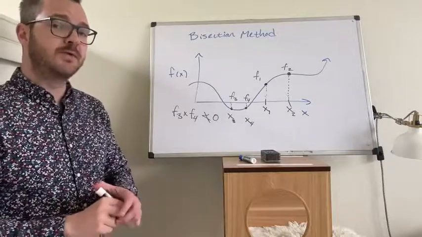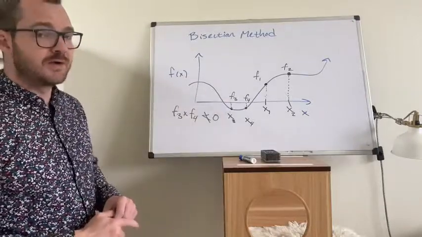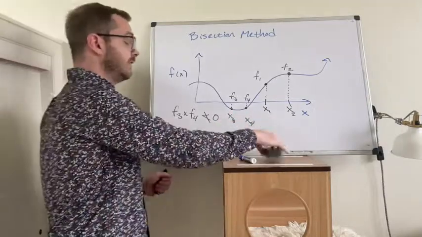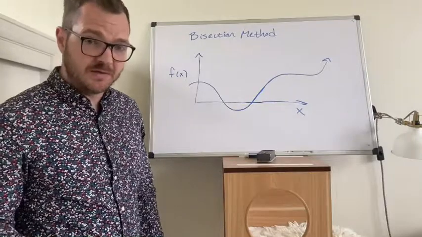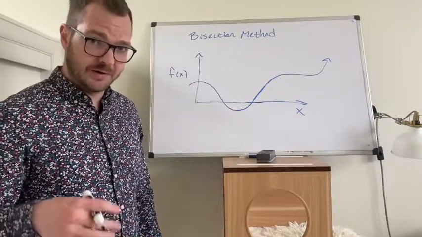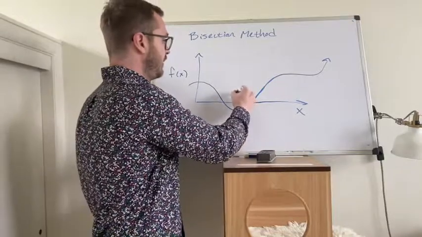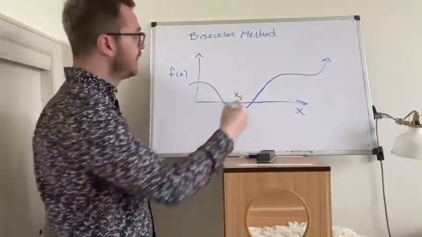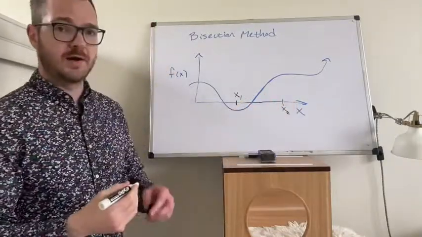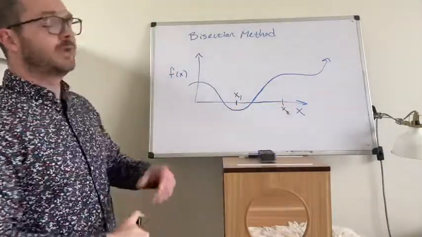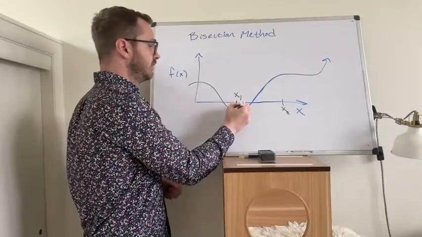What we would like to do is pick some kind of interval where there is a sign change. So let's do this again, one more time. This time, let's pick the interval x1 to x2 where there is a sign change. Let's say that we pick x1 right here and x2 right here. Now, graphically, we can look at this thing. We can see that there is some kind of sign change, right?